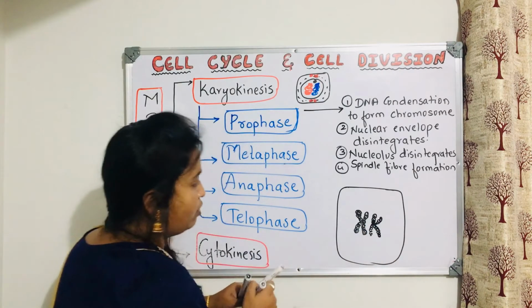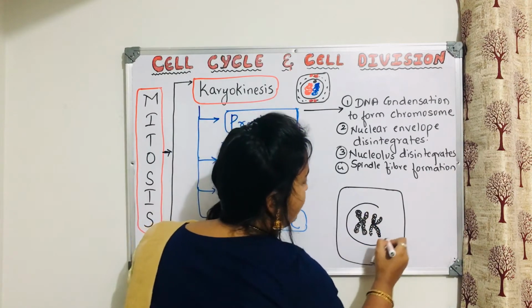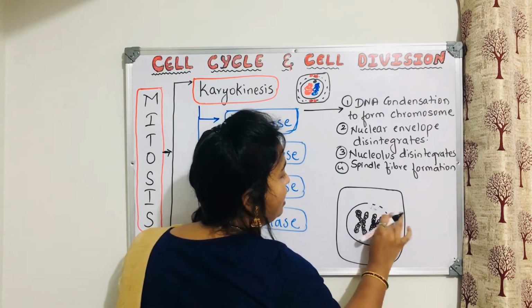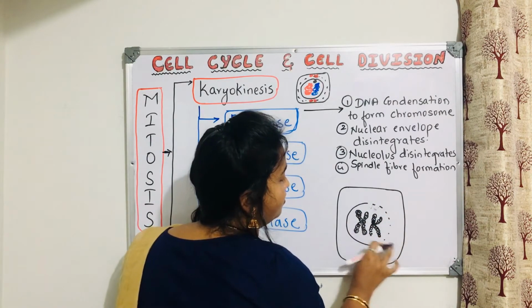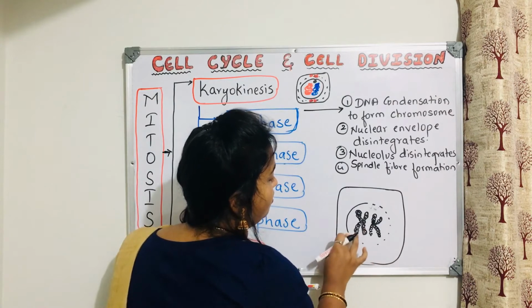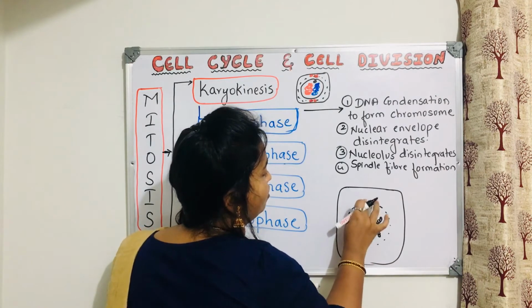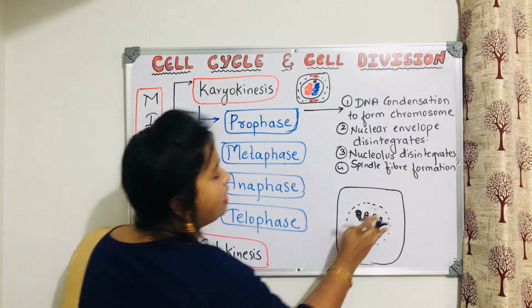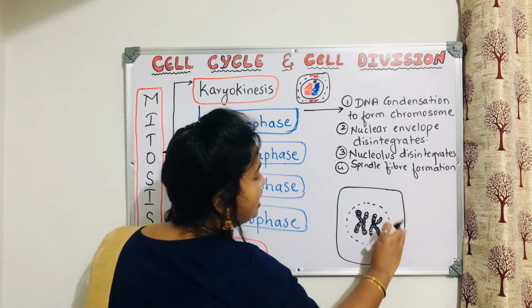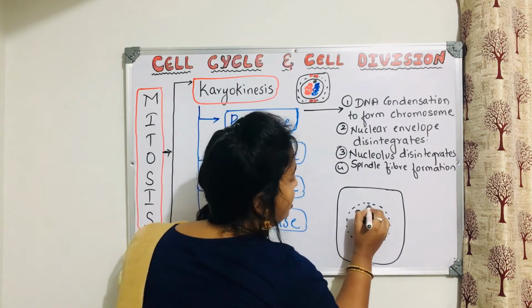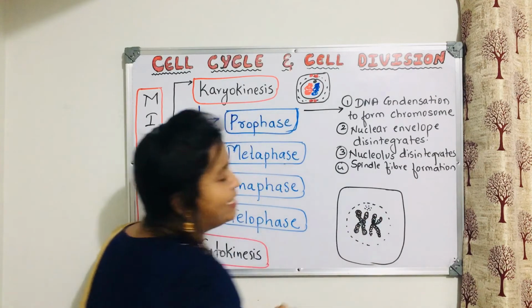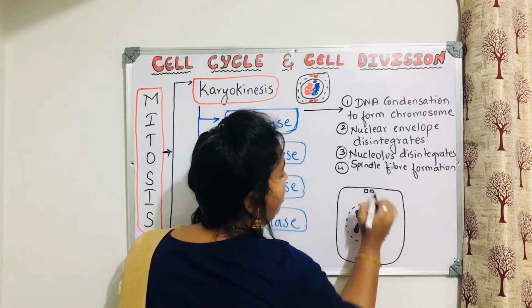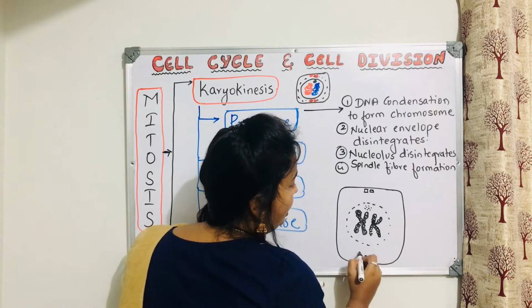Then what you will be able to see? The nuclear envelope will start disintegrating. So this is how you can show that the nucleus has started disintegrating. The nuclear membrane has started disintegrating. Are you understanding this? Then the nucleolus, even this is disintegrating. The next thing is spindle fiber formation. It has started already.